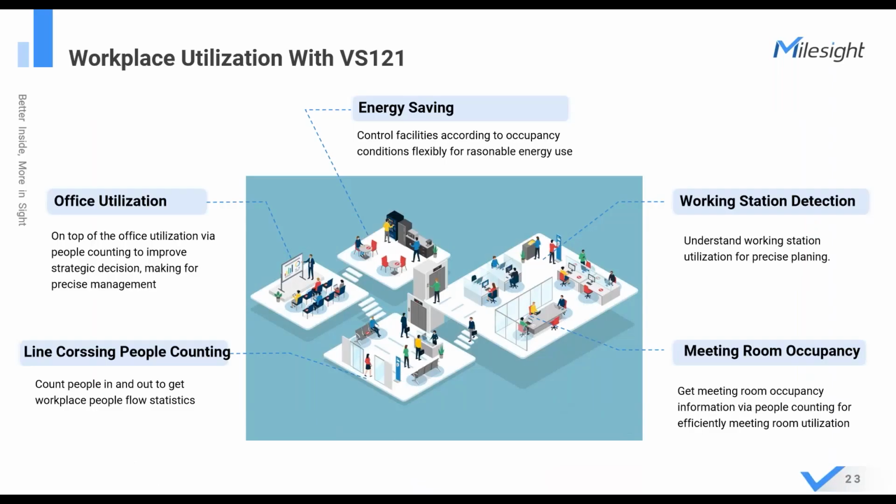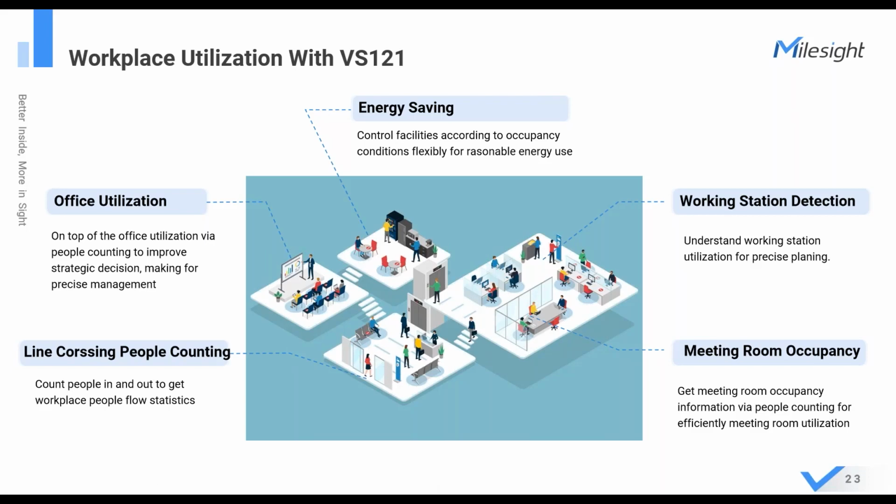So this picture is the situation of workplace utilization. I'm going to state what our VS121 can do in this workplace. First of all, with accurate occupancy counting, it is able to monitor the real-time occupancy conditions of rooms, such as meeting rooms and other office areas.